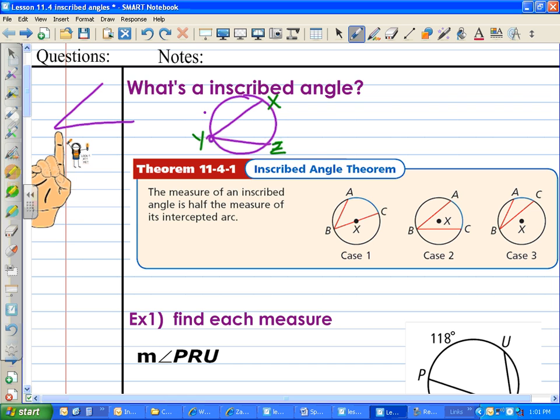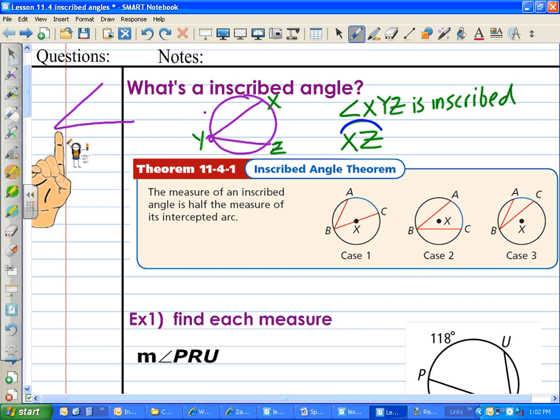Now let me go ahead and label right here. I'll say that angle XYZ is inscribed, okay? Just so you know, that's what an inscribed angle is: the vertex is on the actual circle. Now, arc XZ, put the little arc symbol, arc XZ is the intercepted arc.